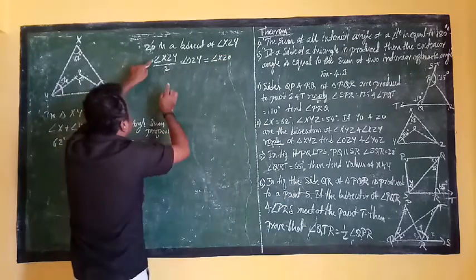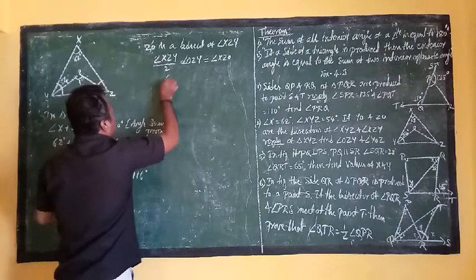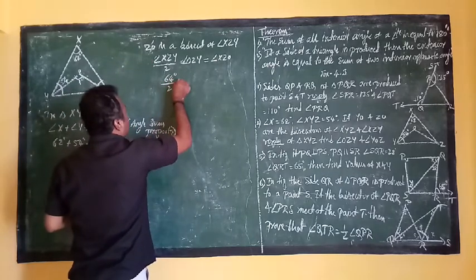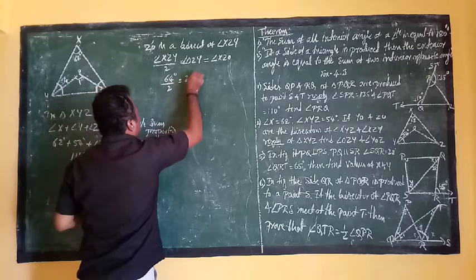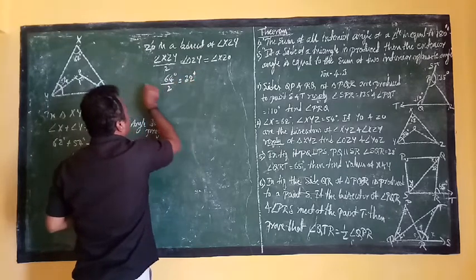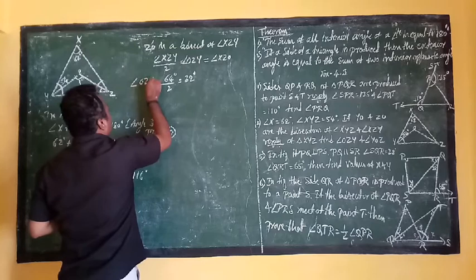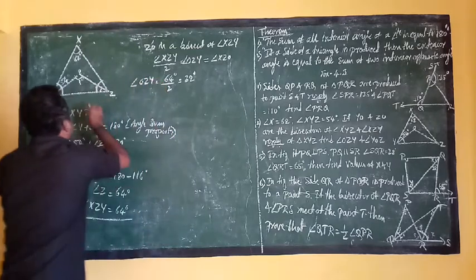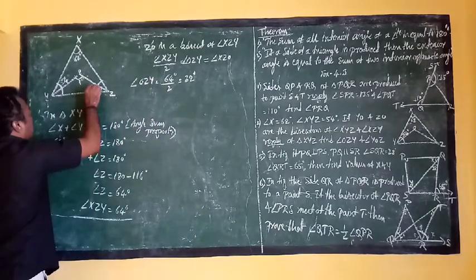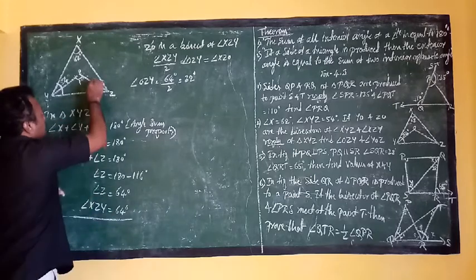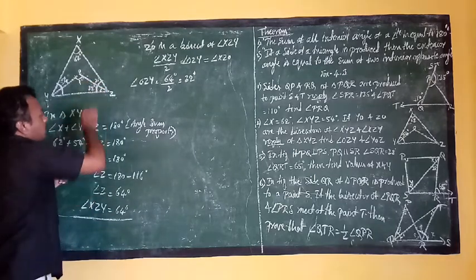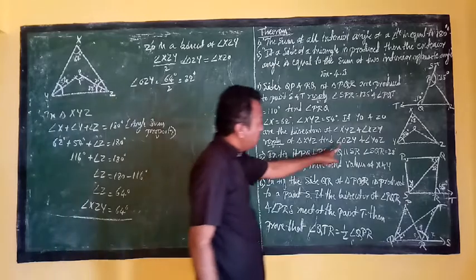XZY is how many degrees? 64 degrees divided by 2 is 32 degrees. So this angle OZY is 32 degrees. Correct? This is also 32 and this is also 32. So one angle we have got. That means OZY.